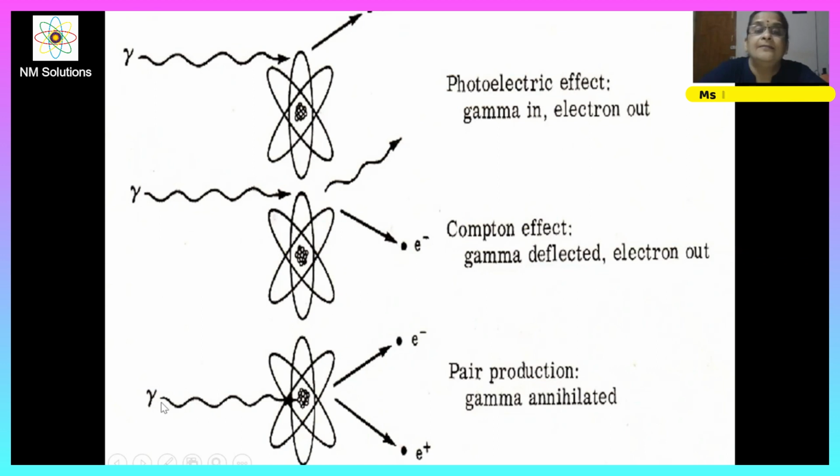And here in the pair production, the gamma gets very close to the atomic nucleus, and a pair of positron and negatron is produced, with the gamma getting totally destroyed or annihilated, because this energy has been converted into matter.